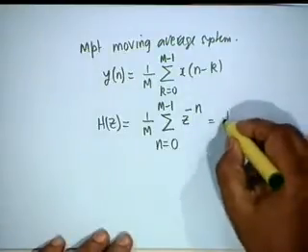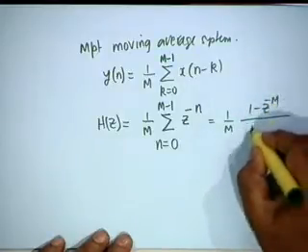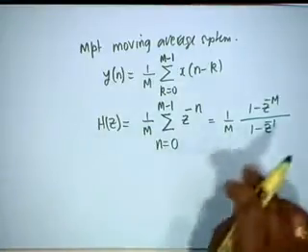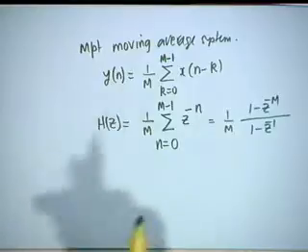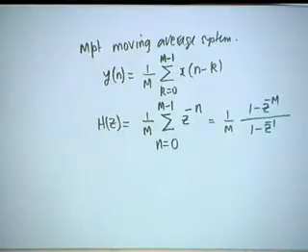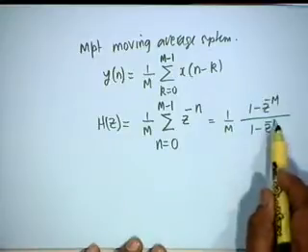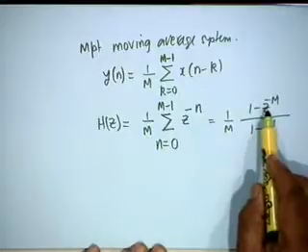So it is 1 by M times 1 minus z to the minus M divided by 1 minus z inverse. It is a rational function, but it represents an FIR system, because the pole at z equal to 1 cancels with the zero at z equal to 1, right?